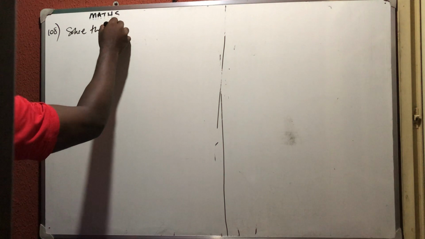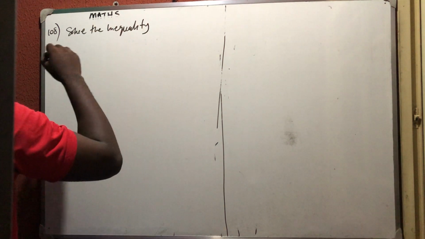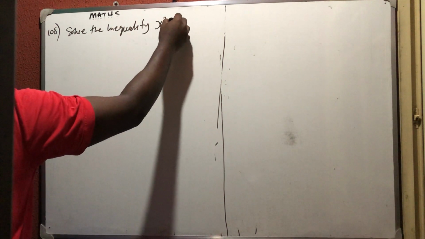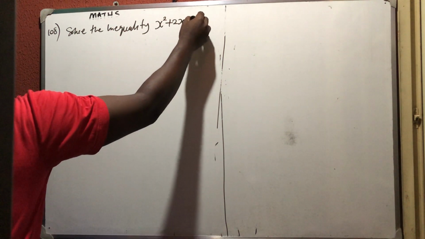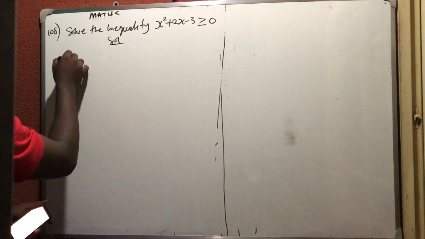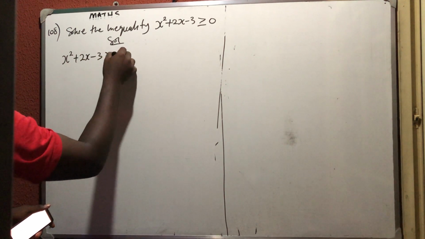Question number 108. Question number 108 said solve the inequality. Solve the inequality x squared plus 2x minus 3 is greater than or equal to 0. So solution. So I have that x squared plus 2x minus 3 is greater than or equal to 0.